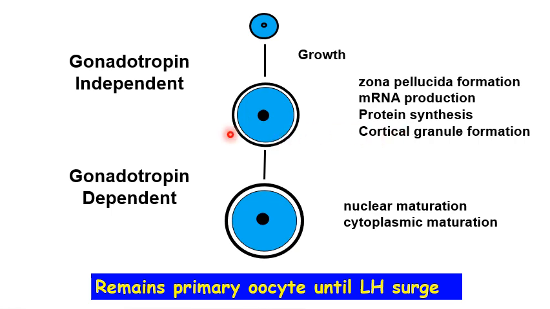The second phase is gonadotropin dependent, and this includes nuclear maturation. The nuclear maturation refers to the ability to continue with meiosis, and we also have the cytoplasmic maturation, which is important to accumulate mRNA and protein, and these are critical to the early embryo development. So the primary oocyte will remain as primary oocyte until LH surge.